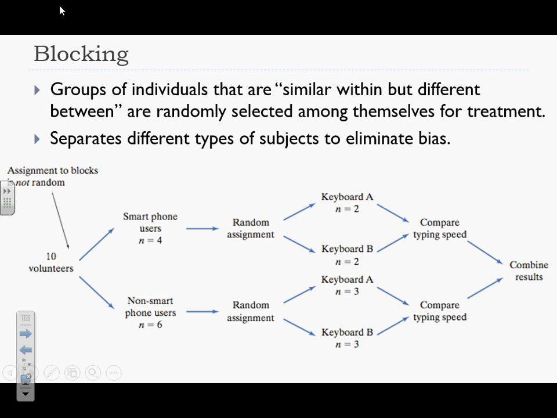So when we block, we're taking groups of individuals that are similar within but different between. So just like stratifying, Group A is different than Group B, is different than Group C. But the people within Group A are all similar. The people within Group B are all similar, and so on. So it's the same process as stratifying. So we're going to separate those different types of subjects to eliminate any bias.